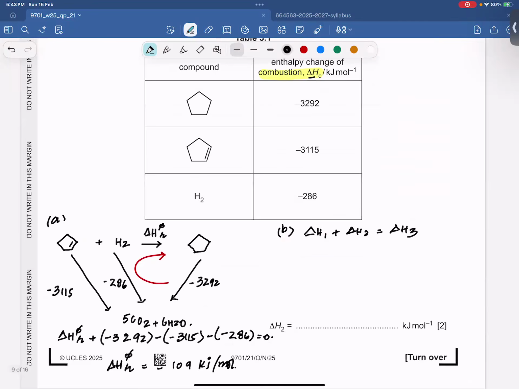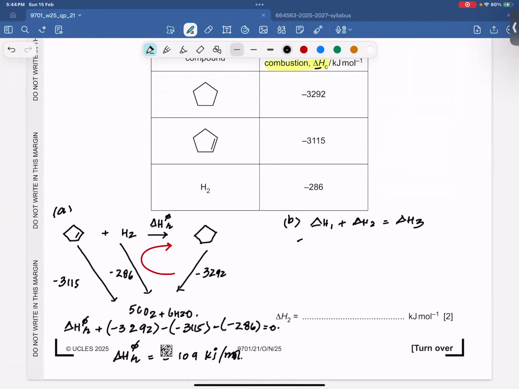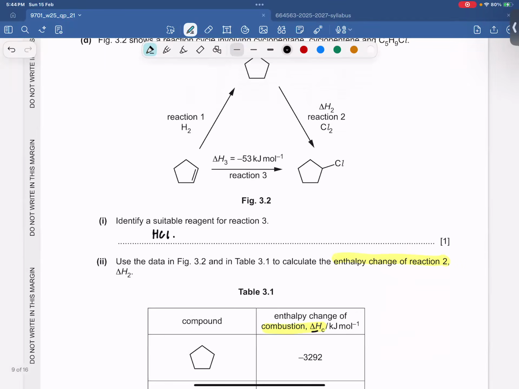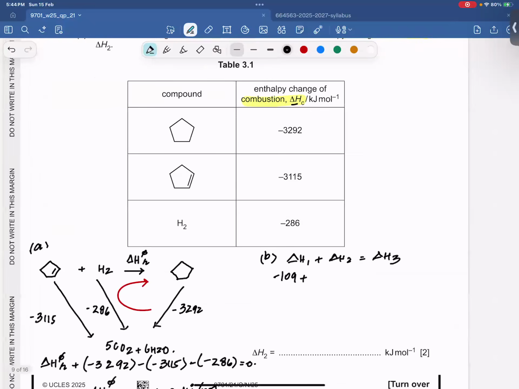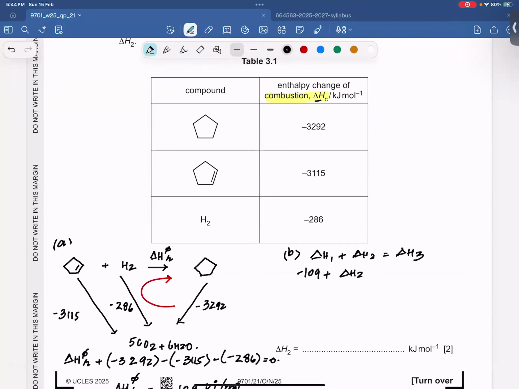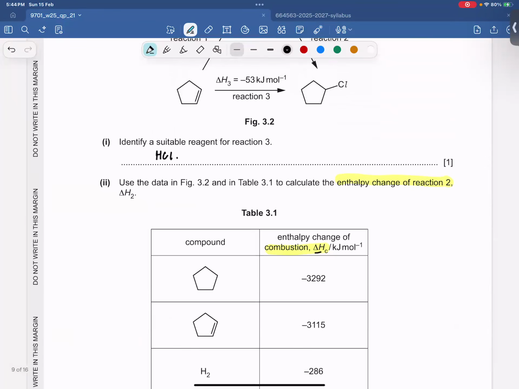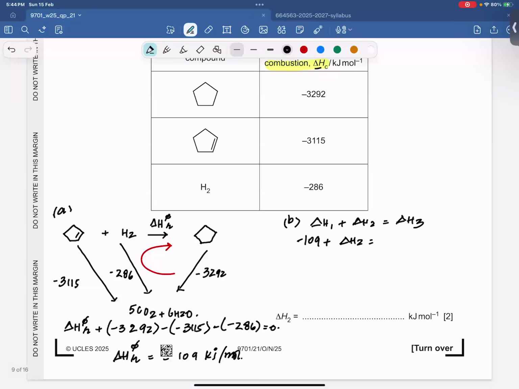The value of delta H1 is minus 109, plus the value of delta H2 that we need to find out. And the value of delta H3 is given in the question, which is minus 53.